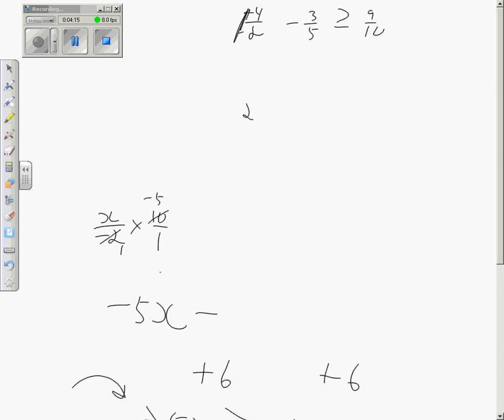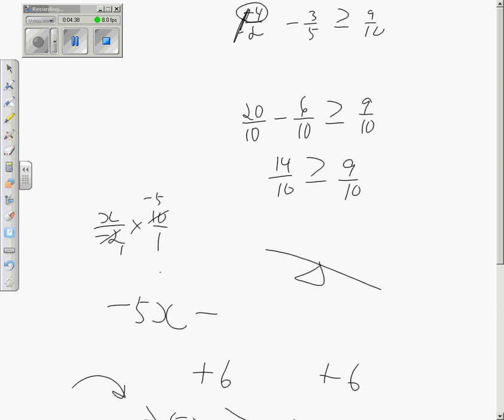We're going to have 20/10 take away 6/10 is going to be greater than or equal to 9/10. Let's check and see if that makes sense. That's going to be 14/10 is greater than or equal to 9/10. And indeed it is true. So as we continually make this number less than negative 3, we're going to see this inequality still hold true, that this side is going to be greater than this side, if we think about it that way.